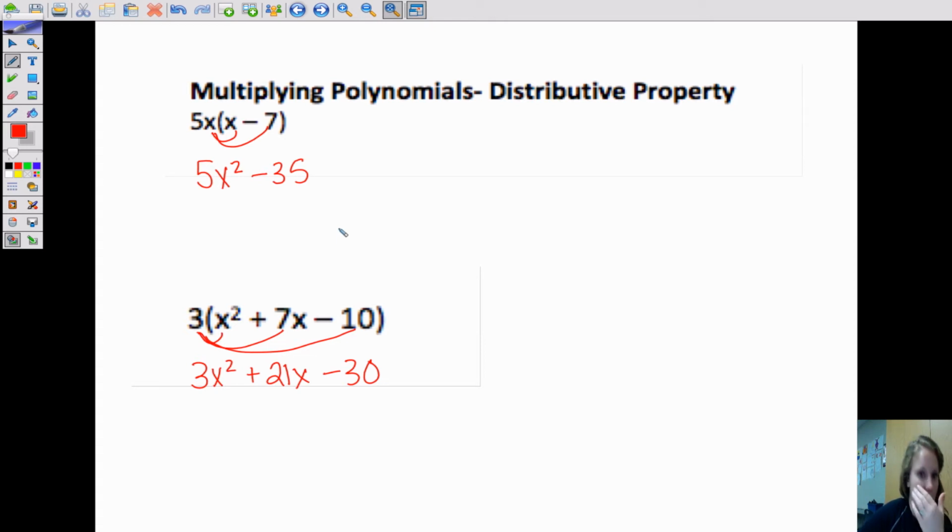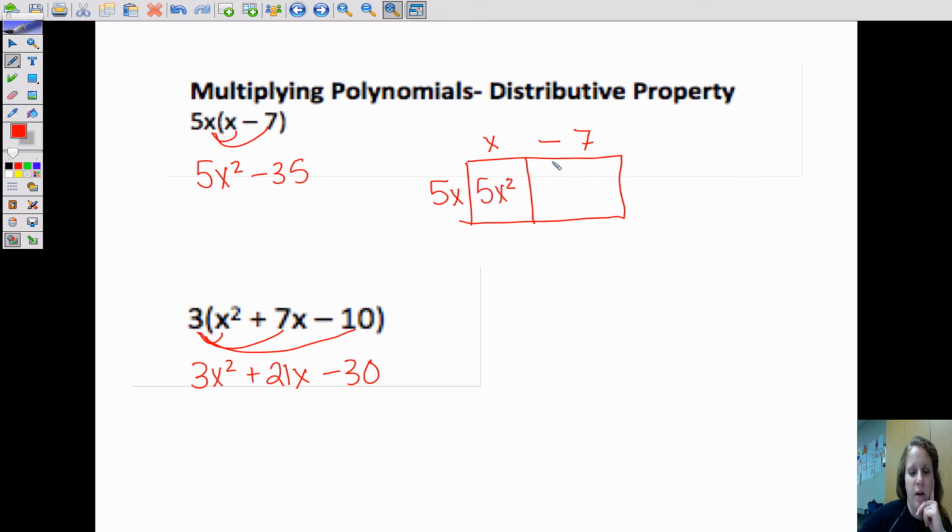Okay? Now, here's where I want you to start thinking about boxes. We can start thinking about multiplying polynomials as if we had 5x here and then we had x minus 7 here. If I make this into 2 little boxes, the area of this little box is going to be 5x squared, and the area of this little box is going to be negative 35.